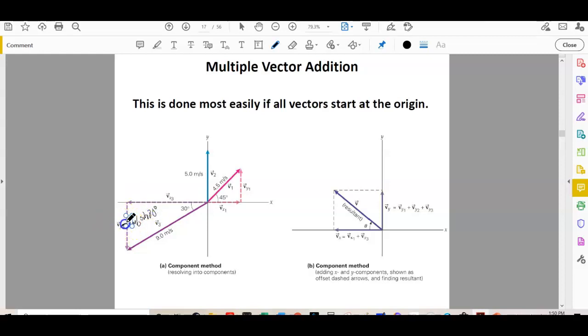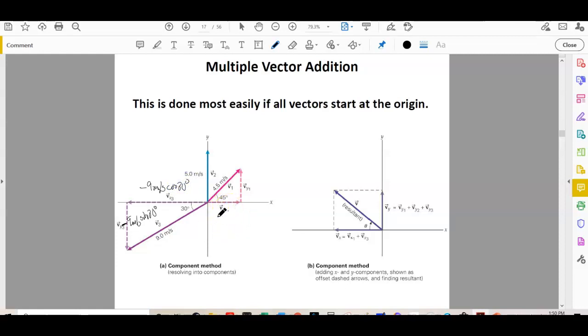And it'll be negative. It'll be pointing down. This side is adjacent to the 30-degree angle. So Vx3 is going to be 9 meters per second in the negative x direction, cosine of 30 degrees.